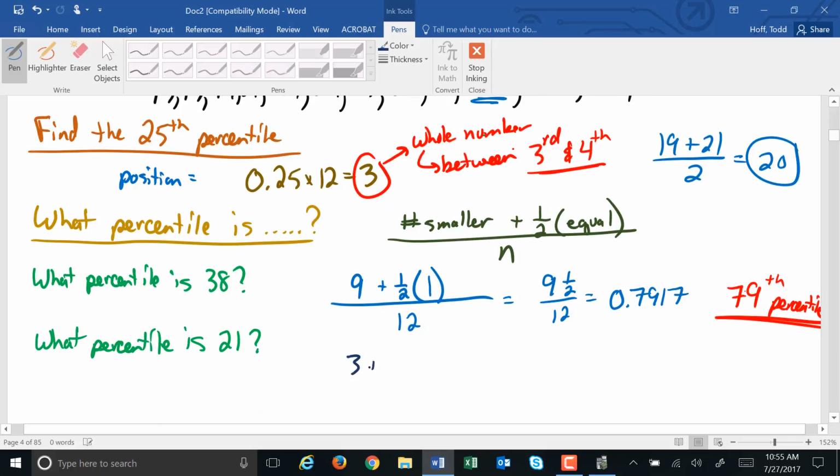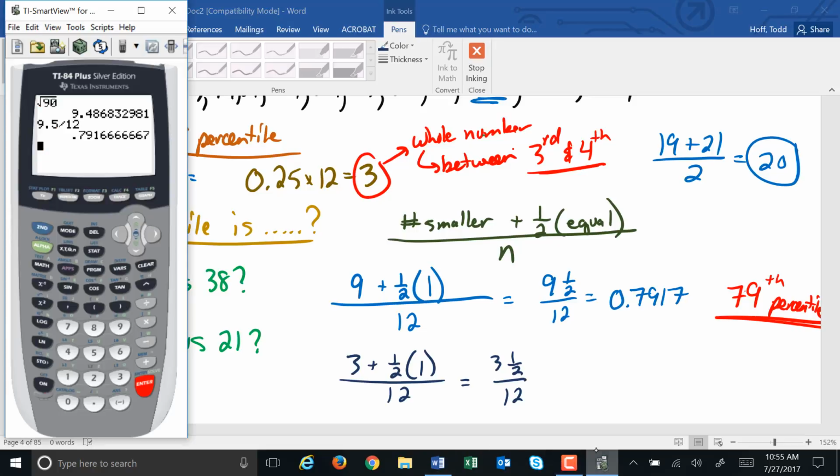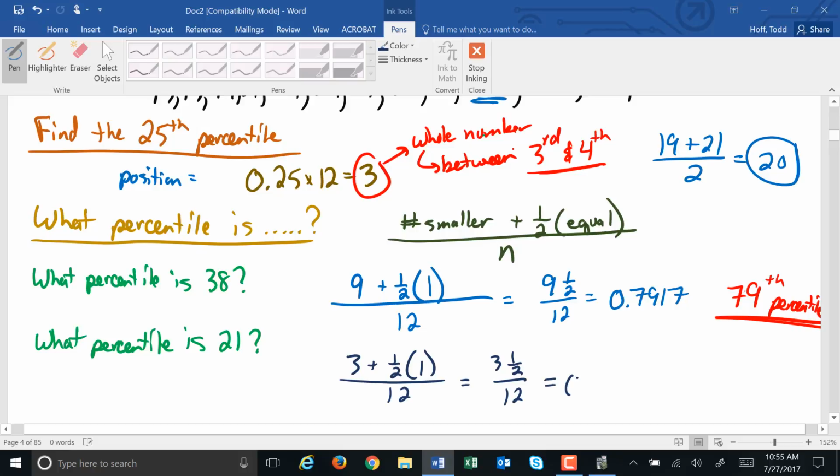How many are equal to the 21? 1. And of course, n is still 12. So 1/2 times 1 is still a half. 3 plus 1/2 is 3.5. So we have 3.5 divided by 12, 0.2917, which we're going to just leave as the 29th percentile.